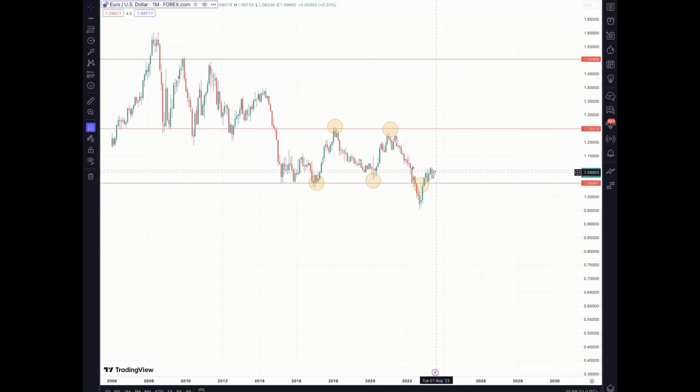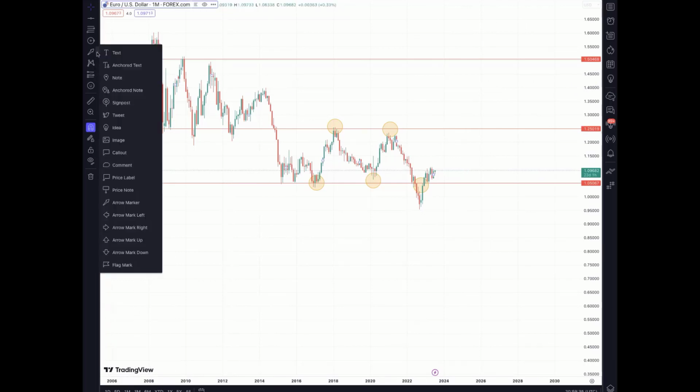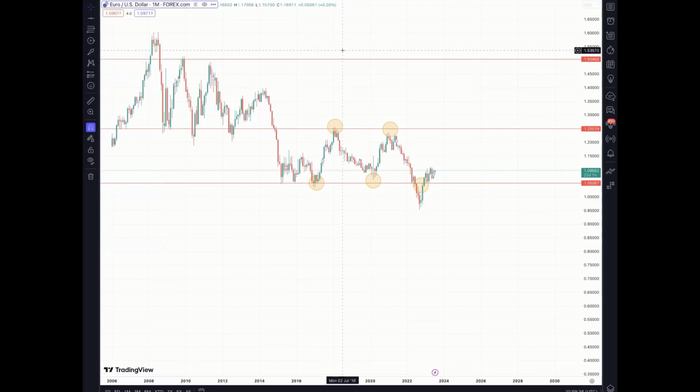And if you look at the price action, where do you think price is going next? Yes, the next resistance zone. Price is going to the next resistance zone.